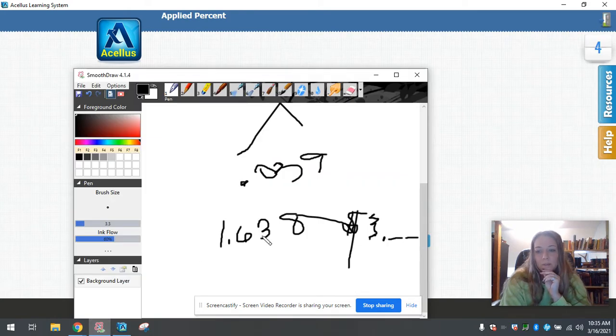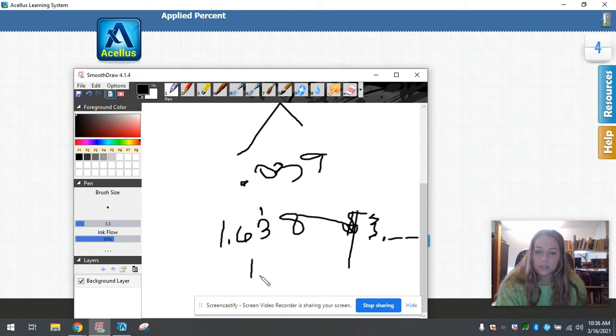We look at the hundredths place, and I look to the digit to the right of it to tell me whether I need to round up or leave that 3 alone. So 5 and up, round up. 4 or less, let it rest. I have 8, so I'm going to round this 3 up to 4.